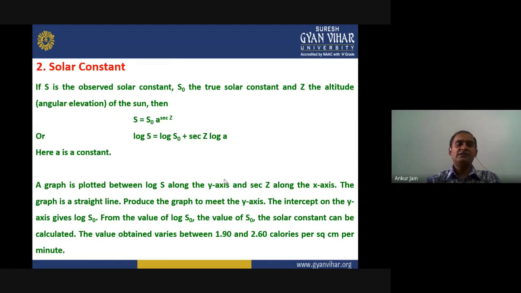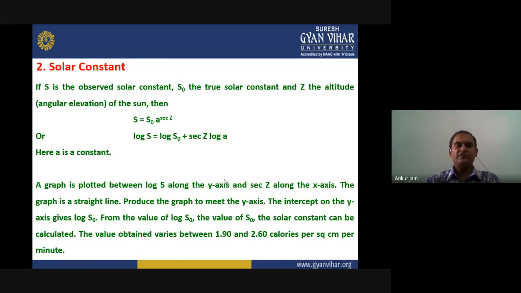Now we will see the formula for solar constant. For example, S is the observed solar constant and S naught is the true solar constant, right? S naught is the true solar constant, meaning in the perfect, ideal condition. And Z is the altitude of the sun, or we can call it angular elevation.